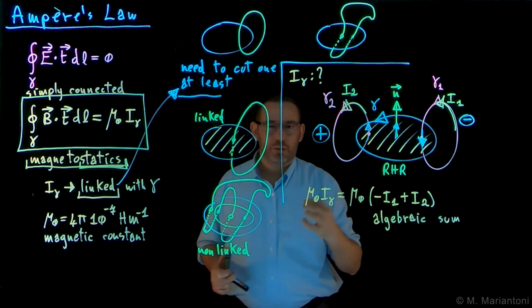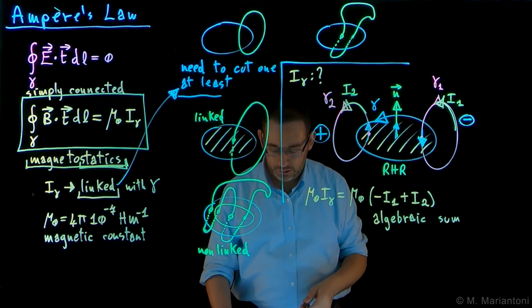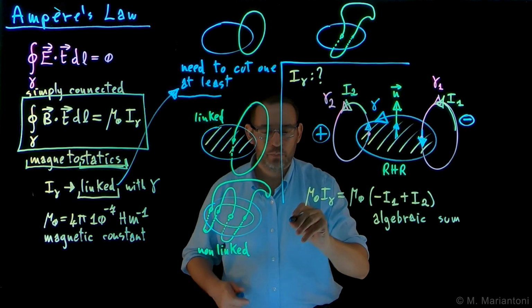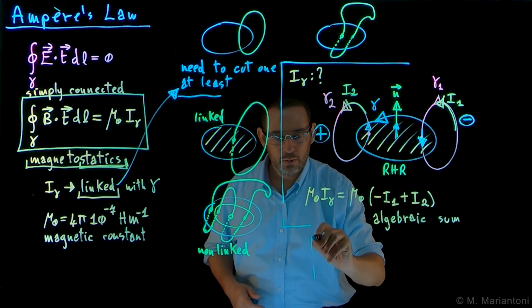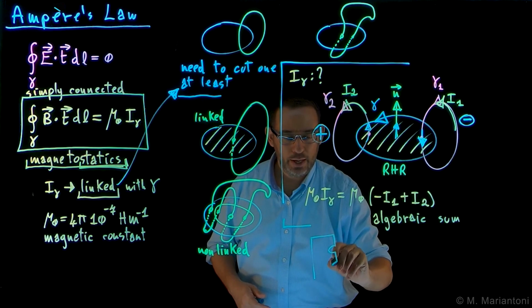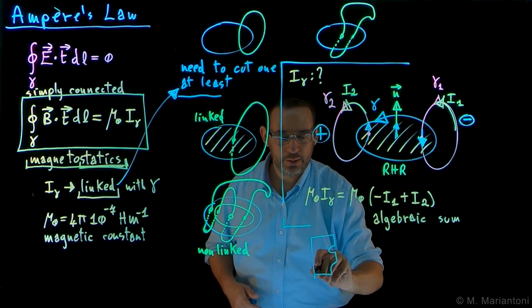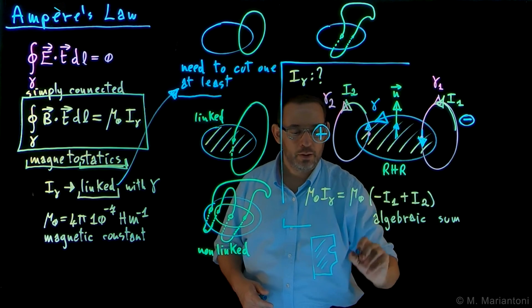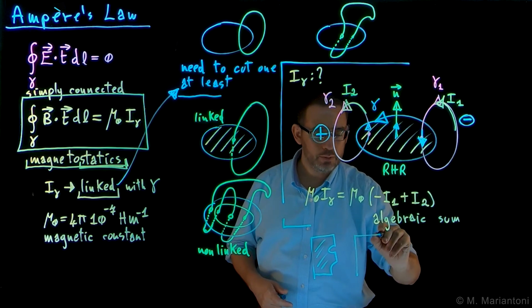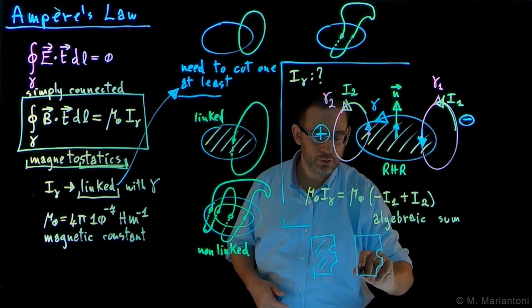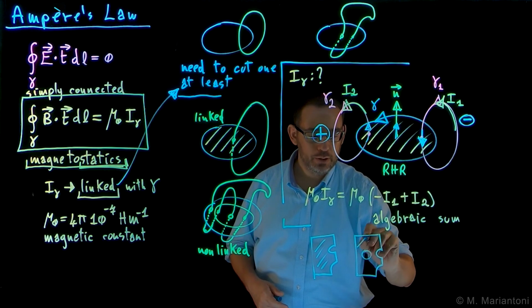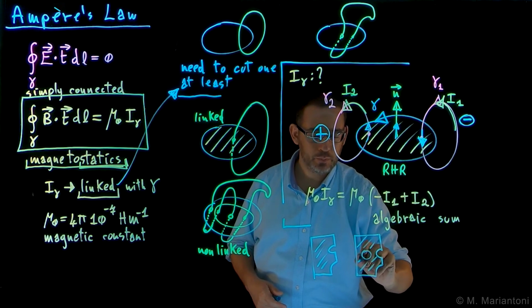Now, this is actually more important. Remember what is a simply connected domain. So a simply connected domain is something like, for example, I can have a structure like this. This is simply connected, but this one would not be simply connected, for example. If I punch a hole, this is not simply connected anymore.